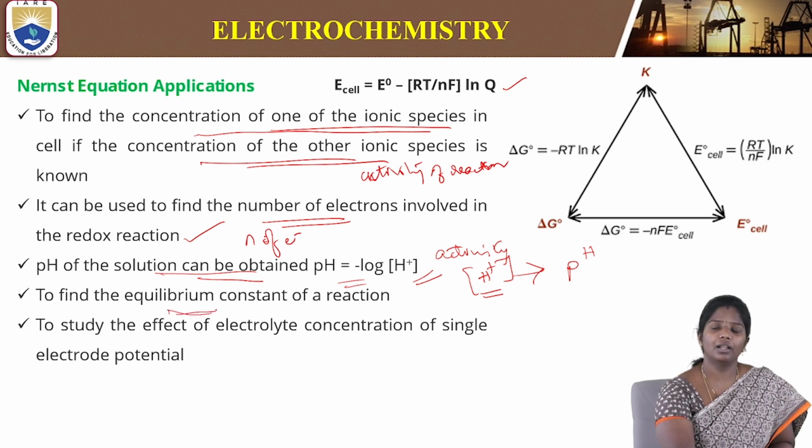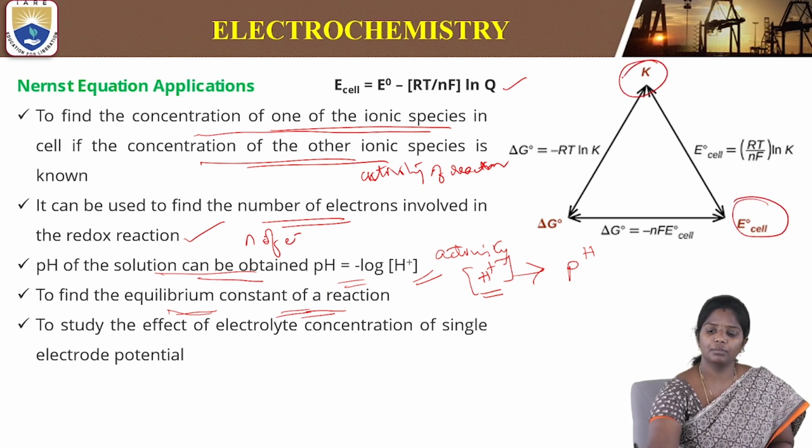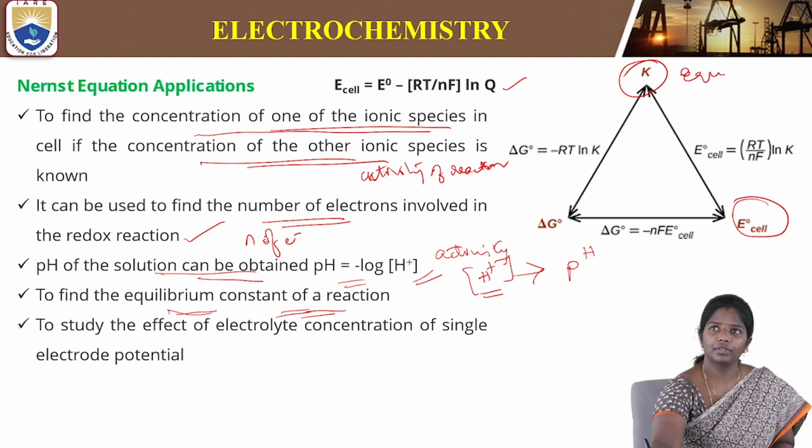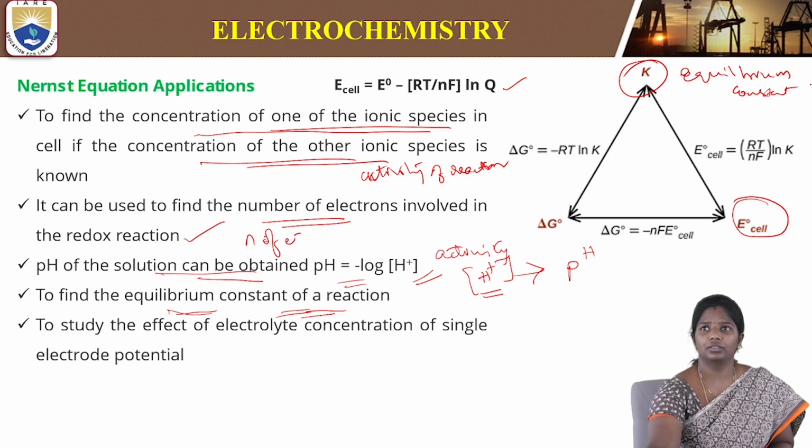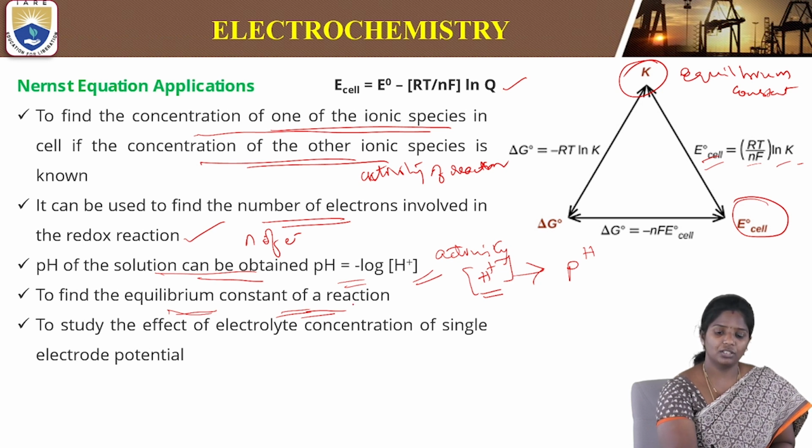Then it will help in finding the equilibrium constant of a reaction. There is a relationship between the E cell and K, where K is the equilibrium constant: E naught cell is equal to RT by NF log K. So from this equation, by rearranging, we can find out the equilibrium constant of a reaction.